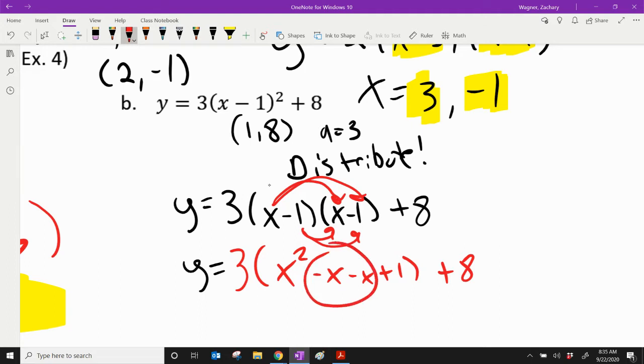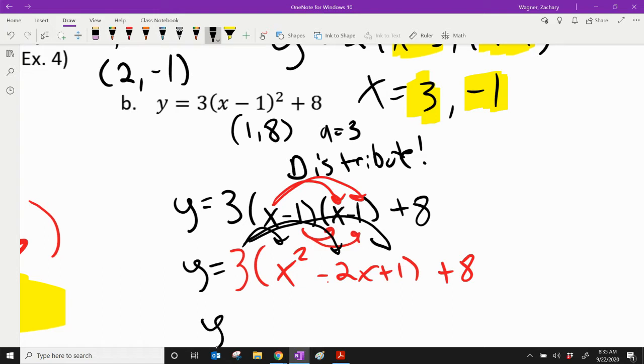After that, combine these two terms in the middle. Negative x and negative x become negative 2x. At this point, now we distribute the 3 to all 3 terms, which you get 3x squared. 3 times negative 2x is negative 6x, and 3 times 1 is 3. The plus 8's still there, still lingering outside.